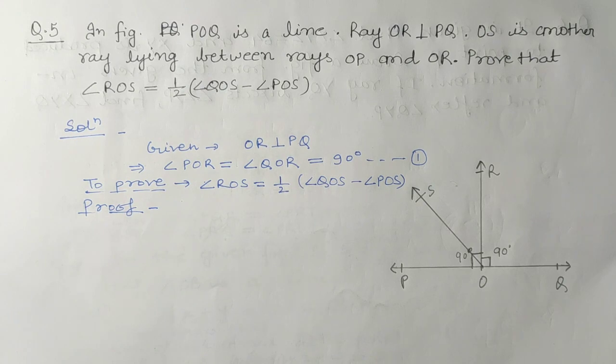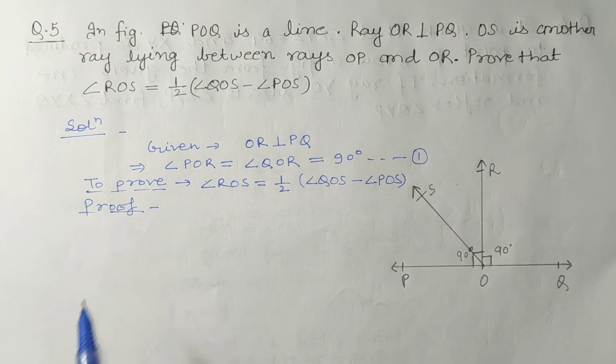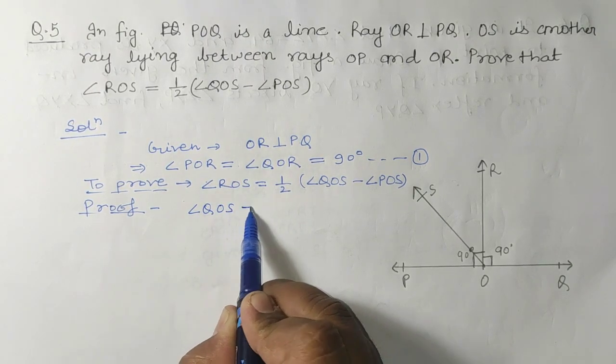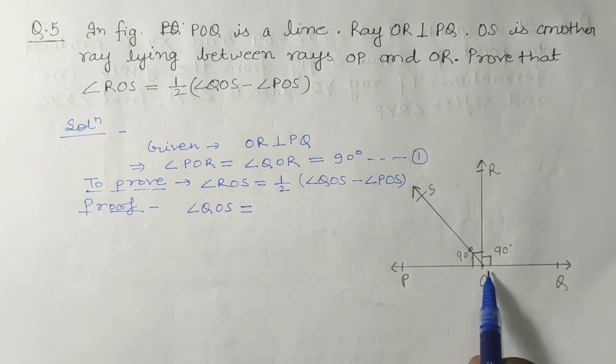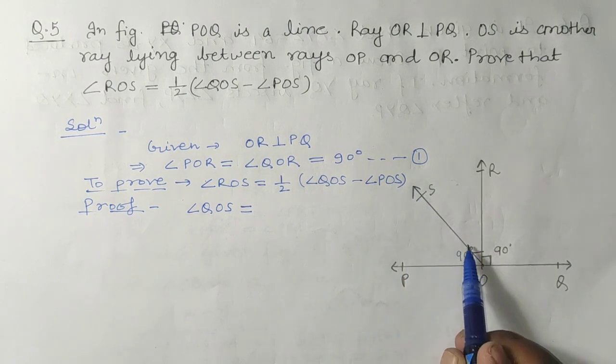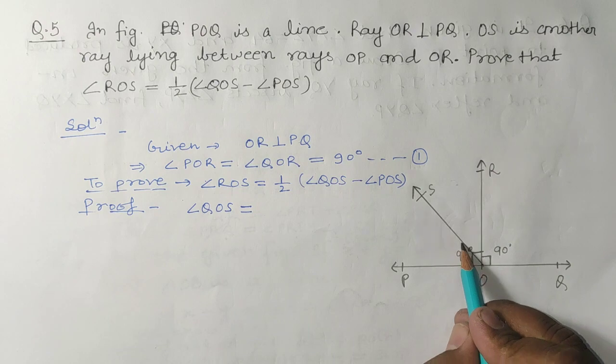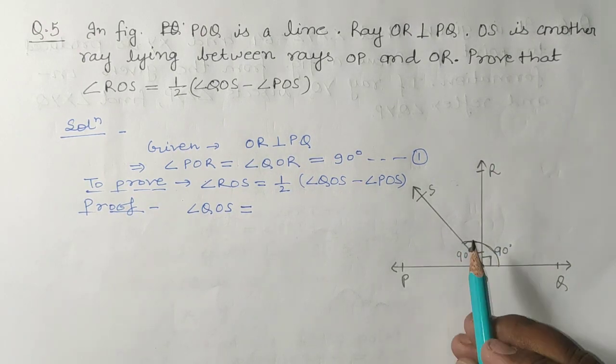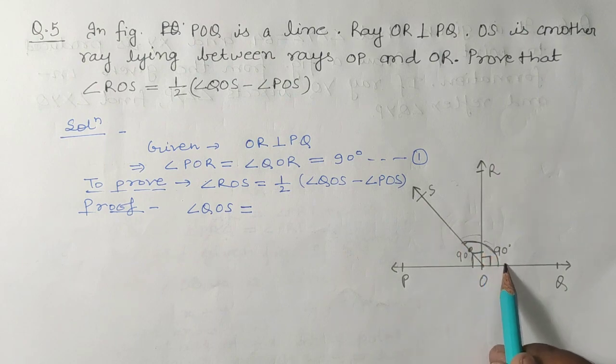Firstly, I'm going to write the value of angle QOS. See, this angle QOS means this angle. Angle QOS is the sum of this angle and this angle.